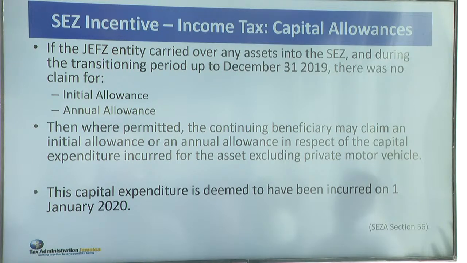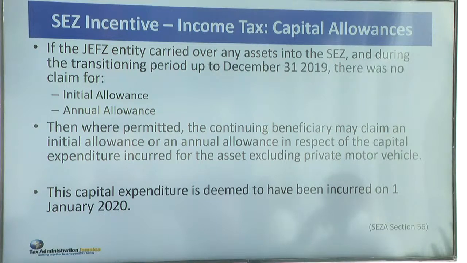Because your assets have been deemed to be acquired the 1st of January 2020. So if you had claimed initial allowance and not annual allowance, then you can claim annual allowance. If you did not claim initial or annual, then you can claim both, where it is so provided.